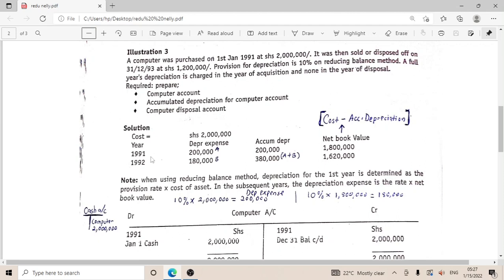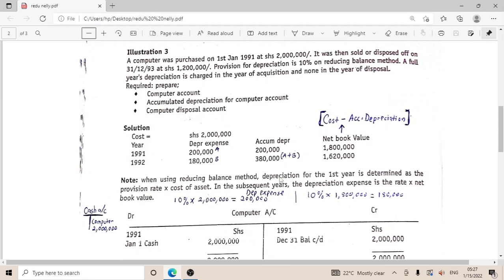This is the year of acquisition, 1991, and we go along with 1992, because depreciation is not charged in the year of disposal, 1993. So that is what we are not going to include. I want you to look at this note.